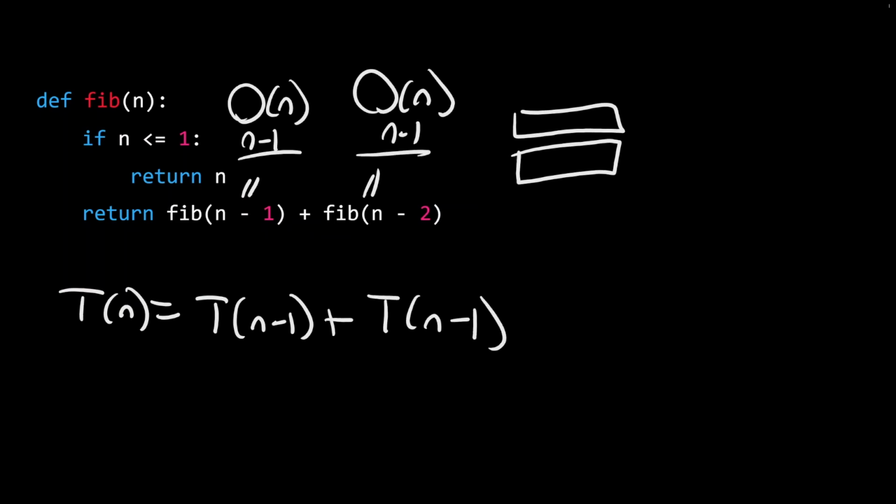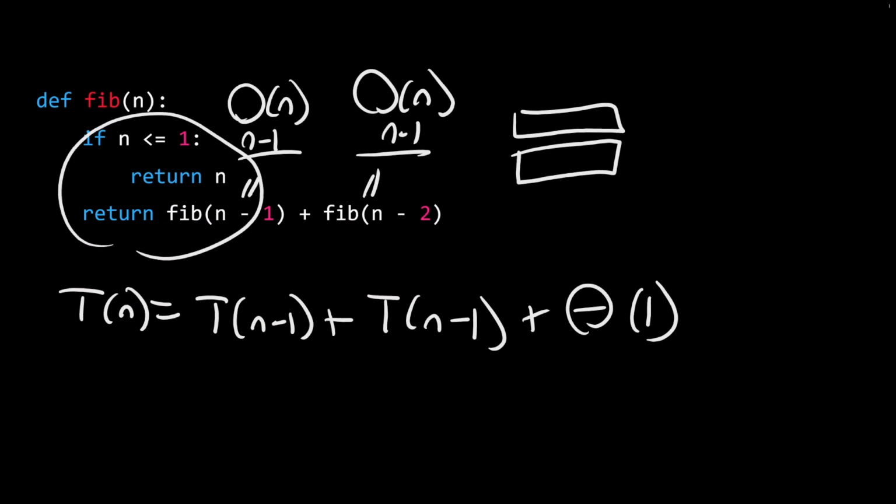Remember we simplified it to n minus 1. And then we have the amount of work that we're doing, which is just some simple math. So it's just going to be every stack frame, we're going to have O of 1 work, or here theta of 1 work.